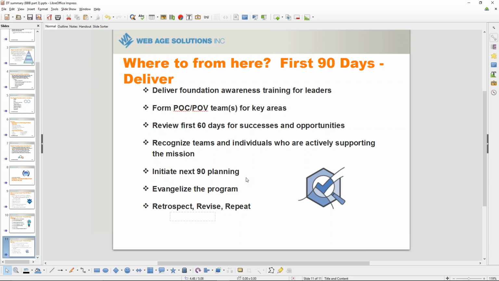And with that process of evaluation, we go in and we set up a next 90 days. Probably we don't want to necessarily go too much beyond those 90 days.